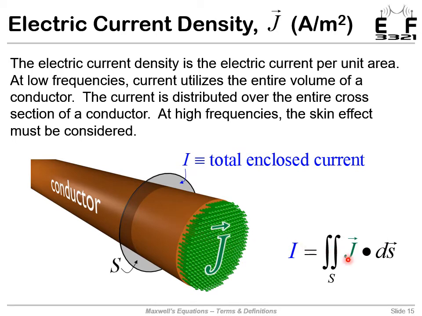And so the reason for this dot product, if any components of the current are traveling transverse, they are really not contributing to current flowing along the conductor. But anyway, if we add up this current flux, if you will, we get total current I. But the J is the term that appears in Maxwell's equations.